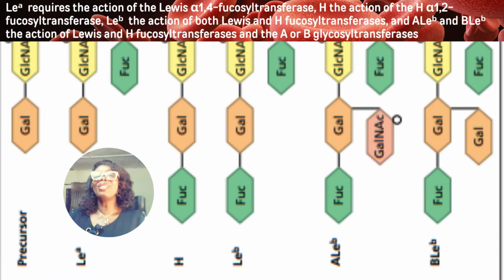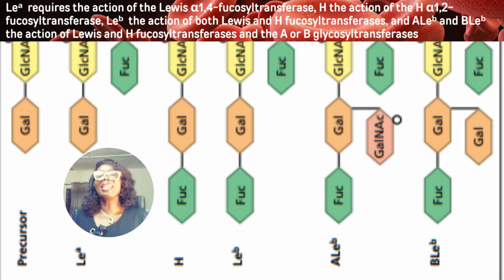This diagram is just demonstrating the precursor substance, the polysaccharide. For you to make the Lewis A antigen, you need a functional FUT1 gene and a functional FUT3 gene.